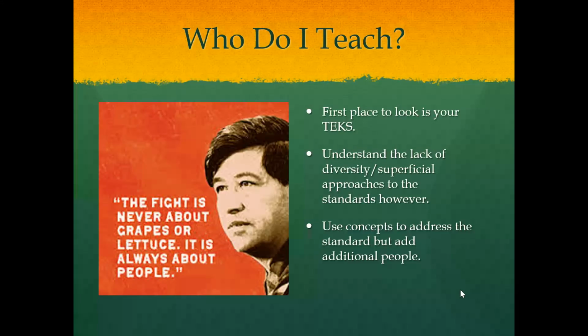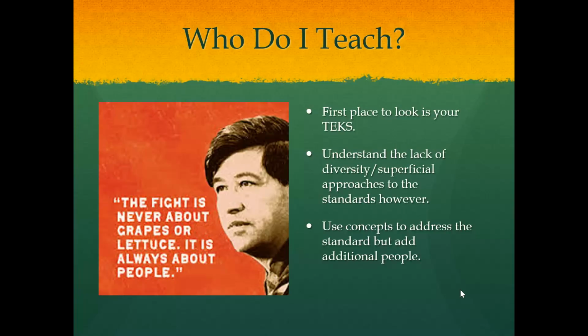Cesar Chavez fought for their rights because these people were not being paid fairly and were not being treated fairly and were expected to live in unsanitary conditions and such. So he decided to stand up for the rights of these people.